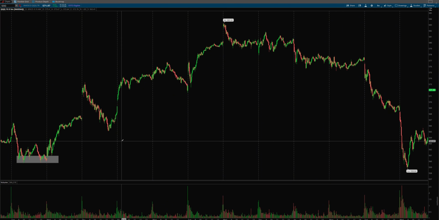Now, the first thing to mention is a really common and very practical way to use support and resistance is looking at prior highs, prior lows, and leaving a line. I like to mark simple support and resistance levels with lines, and I like to mark supply and demand zones with boxes.